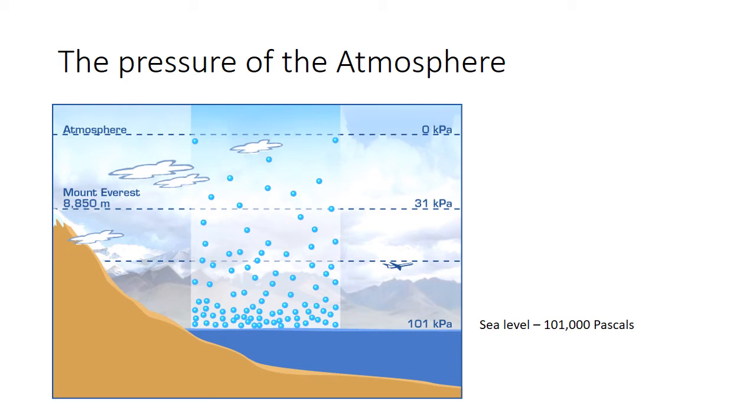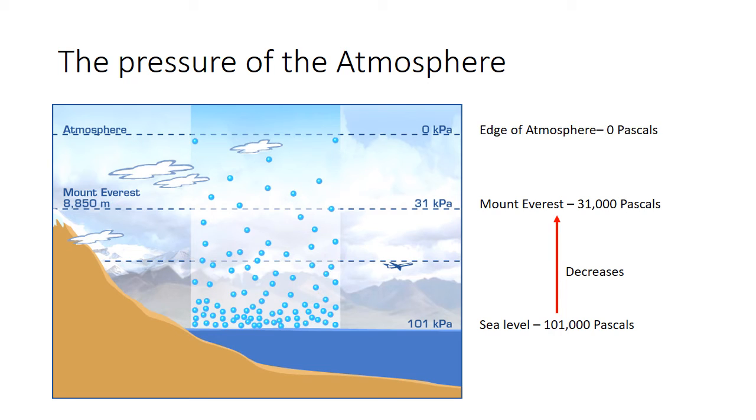If we go up to the top of Mount Everest, the pressure decreases to 31,000 pascals. We can keep going up until we reach the edge of the atmosphere. At the edge of the atmosphere, the pressure is 0 pascals, and then you are in space.